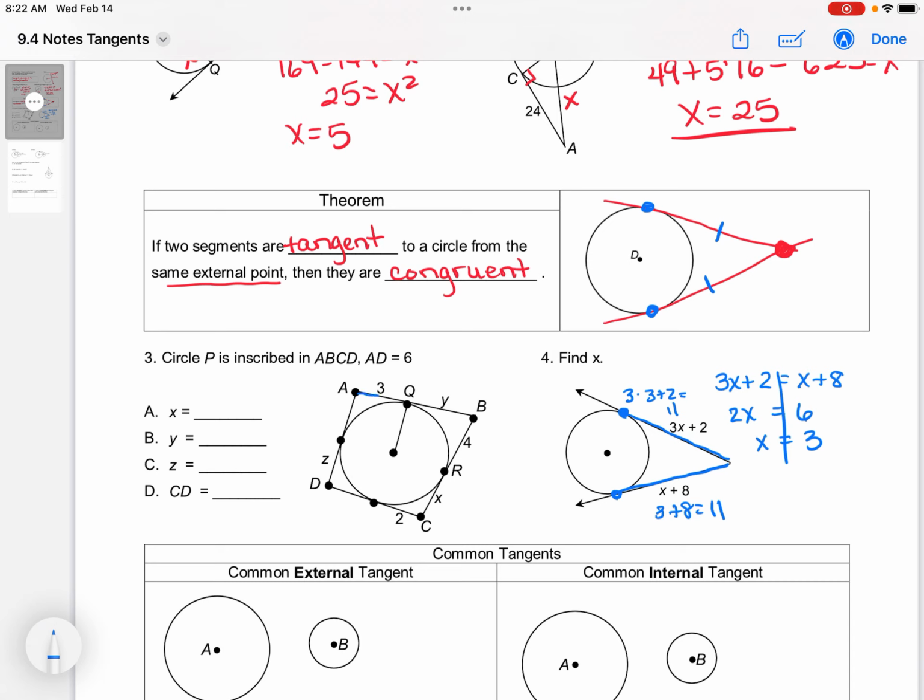So this guy and this guy are both going to be 3. See how many different colors I can use. This guy and this guy are both going to be 4. This guy and this guy are both going to be 2.